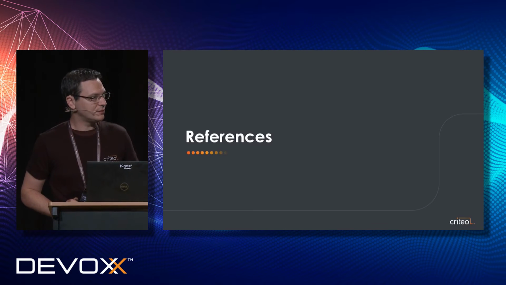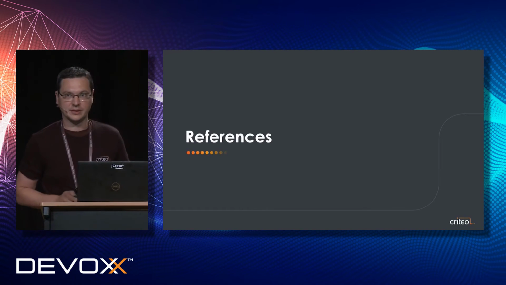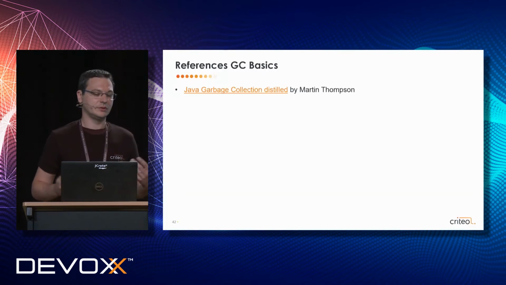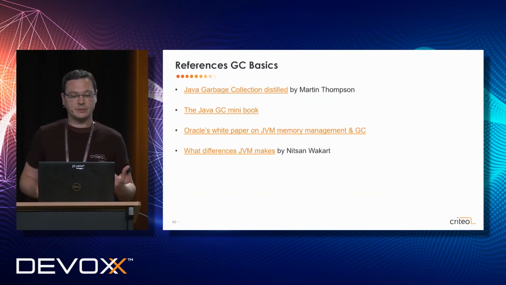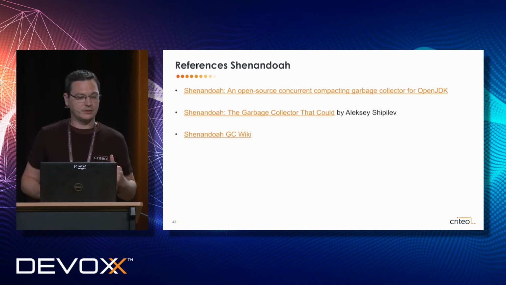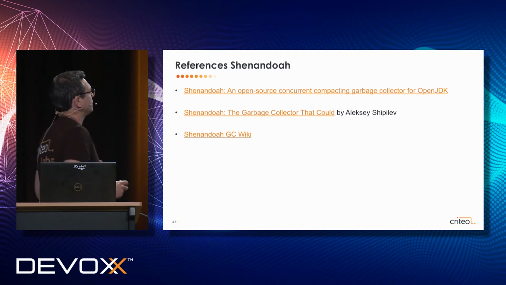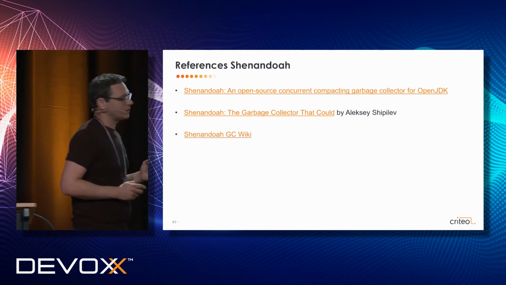I will tweet those slides, so you'll get all the references that I put in. If you want the GC basics, you have some references inside. For Shenandoah, you have some presentations and the wiki.